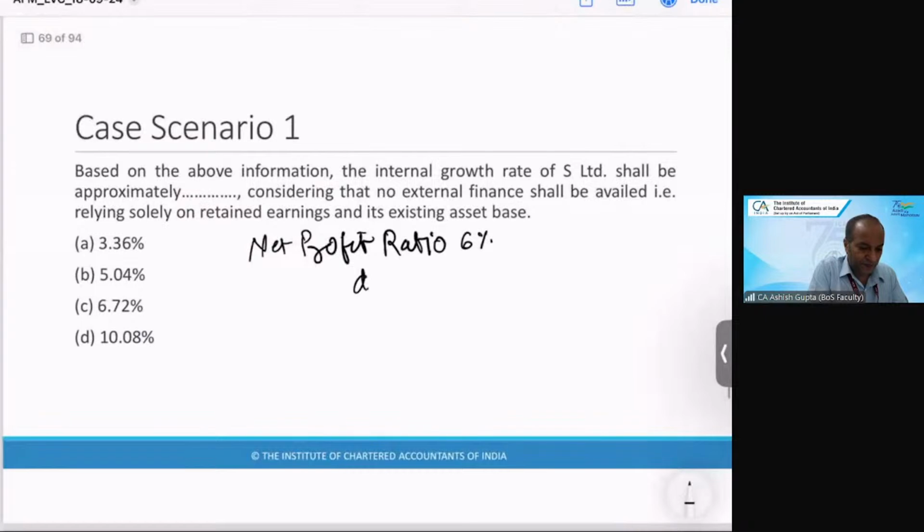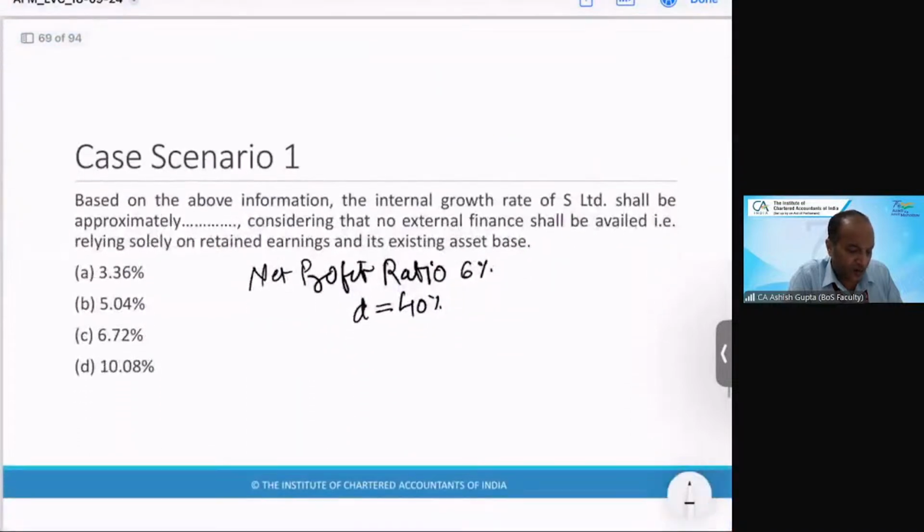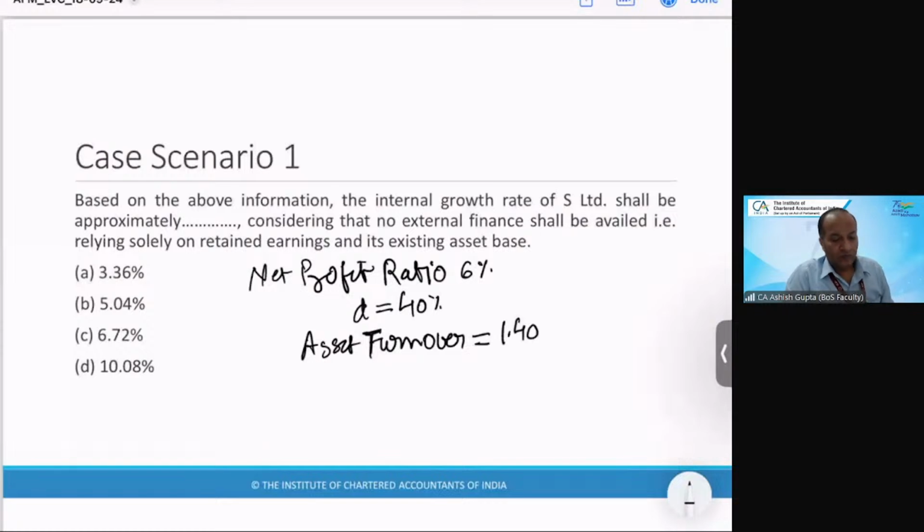That is D. Then comes the asset turnover ratio, 1.40. The last ratio will not be used. So just share your answer, beta.